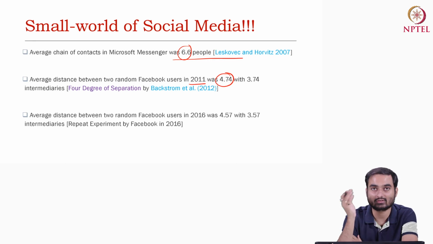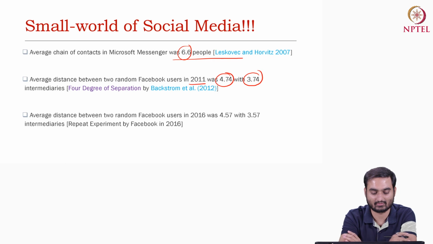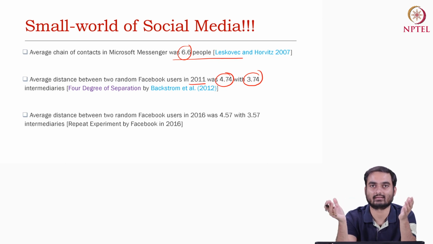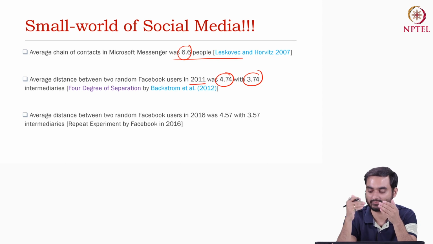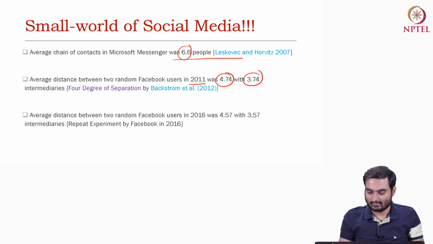In 2012 the same experiment was repeated, and the average distance turned out to be 3.74. So as you see, over time, as the size of the network increases, the distance between individuals also decreases, from 6.6 to 4.74 to 3.74 and so on.